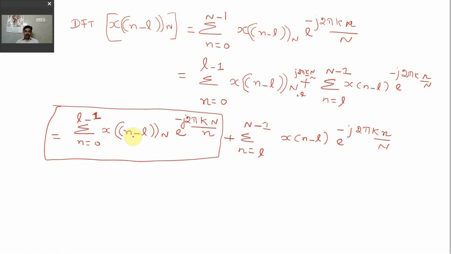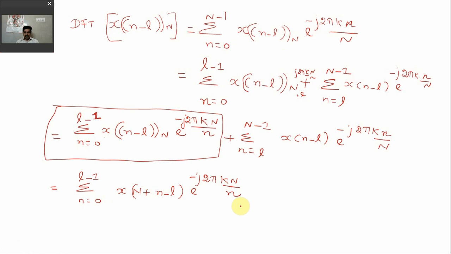This x of n minus L double bracket of N can be written as n equal to 0 to L minus 1 of x of n plus N minus L into e to the power minus j 2 pi k n by N. Now you first consider the first part, we will simplify, then we will take the second part and simplify, then we will combine.